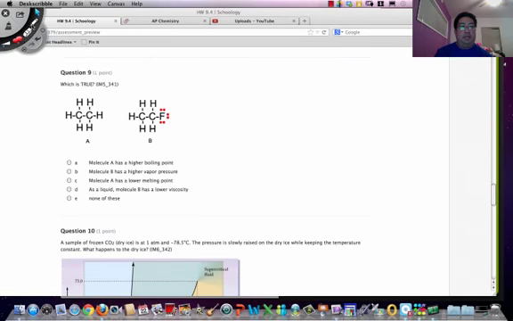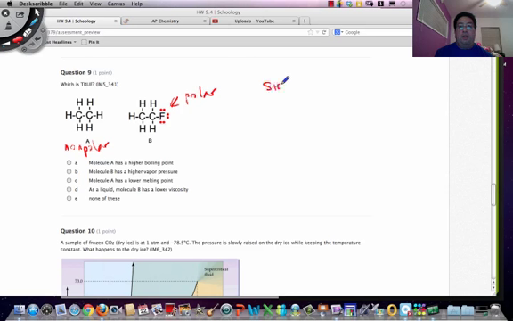Question 9. Here they ask you, they look at these two things. If you look at this one, A is nonpolar, B, because of this F, is going to be polar.